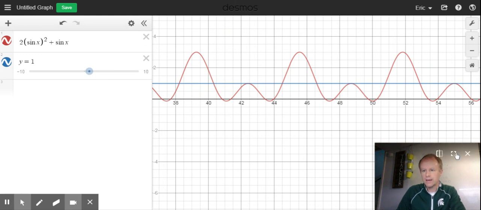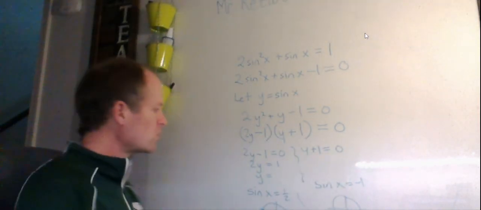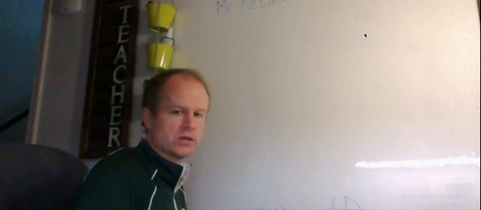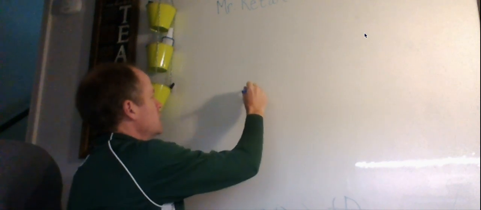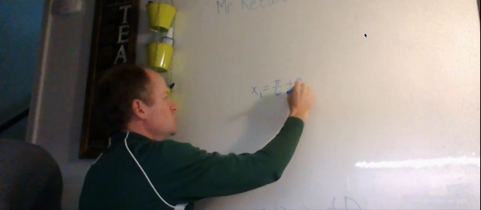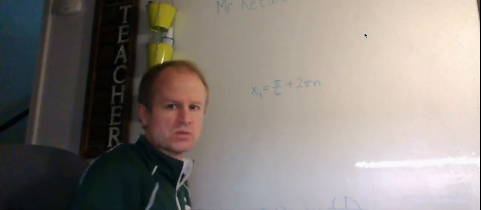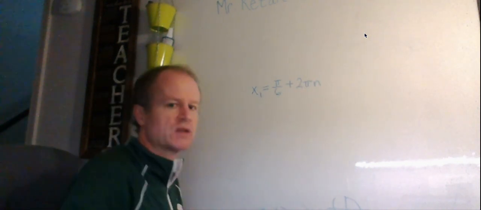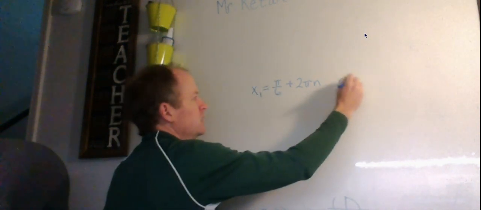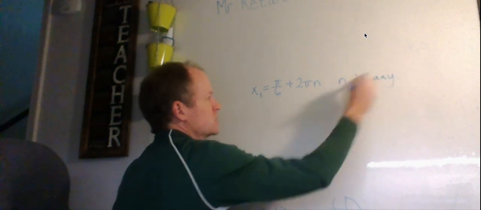So the way we write that is we generalize whatever our solutions are, we just say plus 2 pi n. And in the Desmos activity you're going to do later in this assignment, you're going to see that. So I could say that x1 is pi over 6 plus 2 pi n, because remember 2 pi is one time around the circle, so I can just keep going around the circle again and again, where n is any integer.